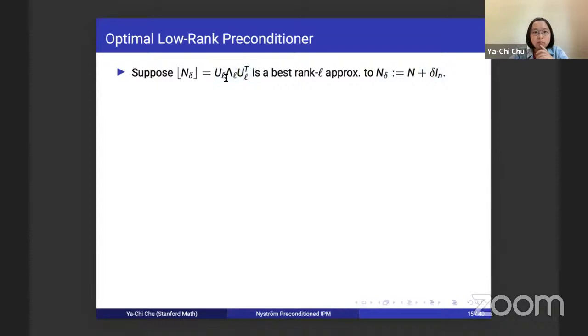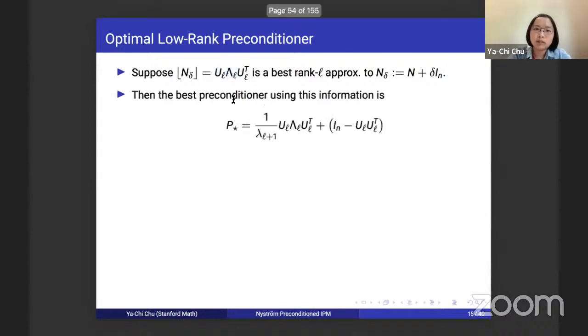By Young's theorem, the U here is the first L eigenvectors, and the lambda L is an L by L diagonal matrix consisting of the L largest eigenvalues of N delta. There's nothing mysterious here. Then we claim that with this information, U and lambda, we can construct the best preconditioner as this form.